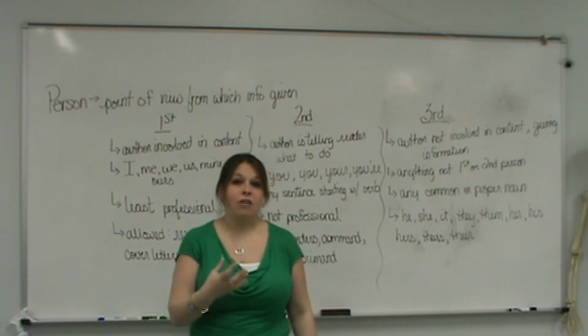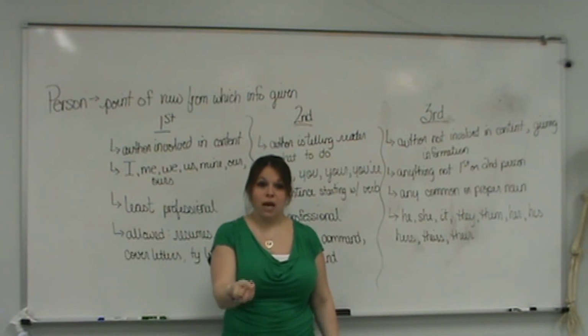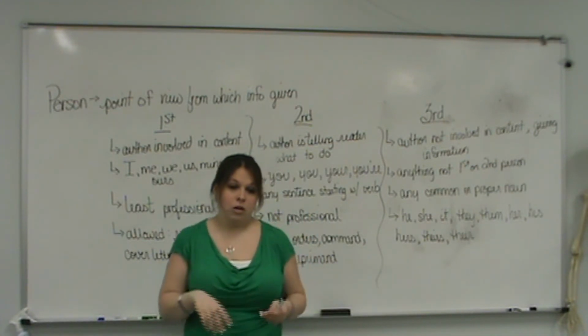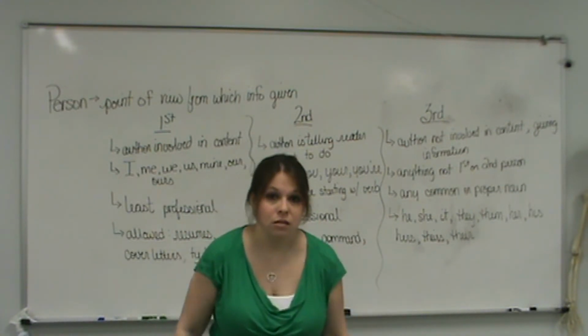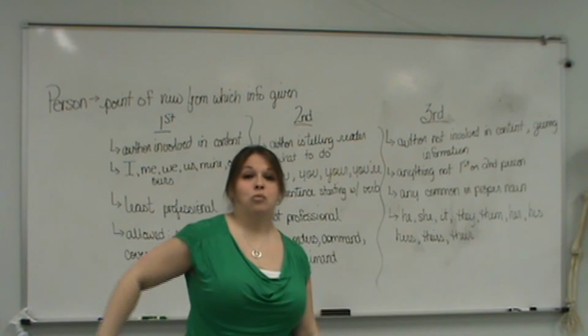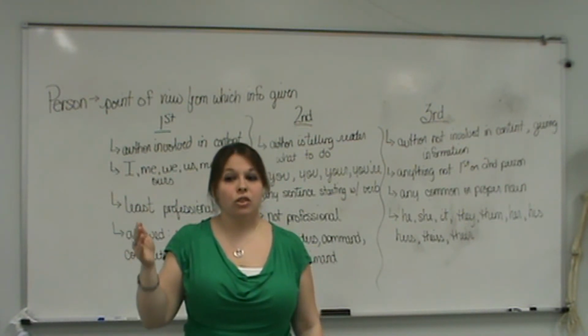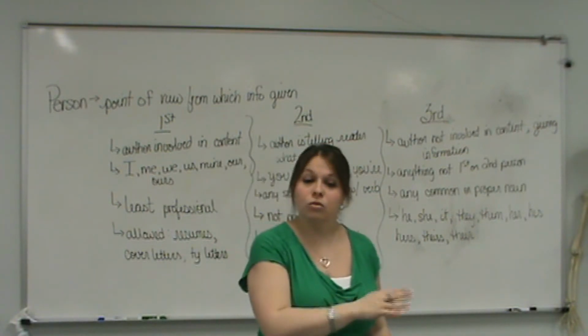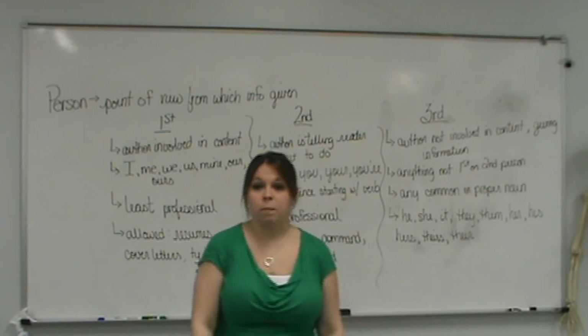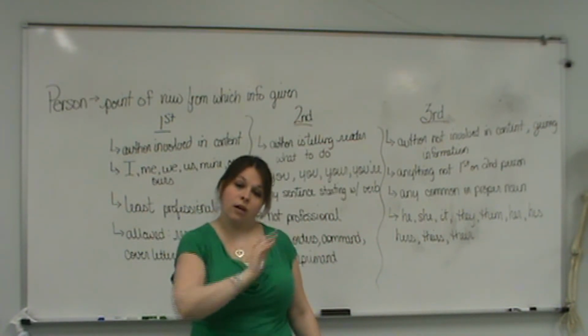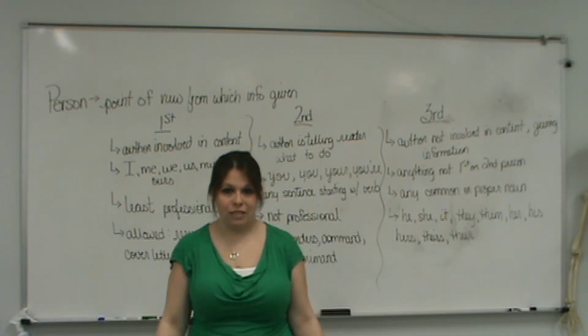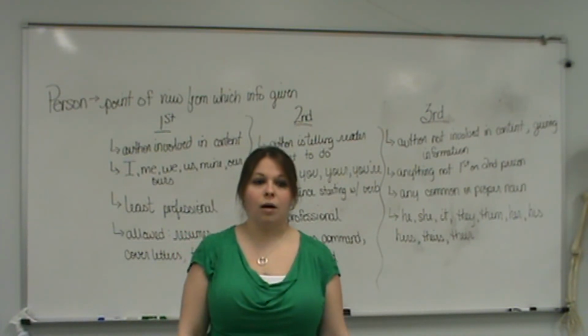So I need to have a person or thing doing an action other than you. So I said, take out your books. So since I would be talking to a room of students, I could say, the students need to take out their books. The students took out their books, depending on what tense I want to use.